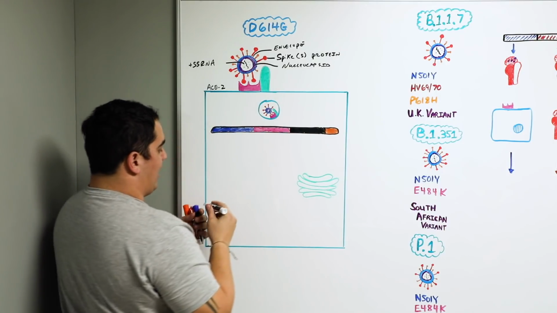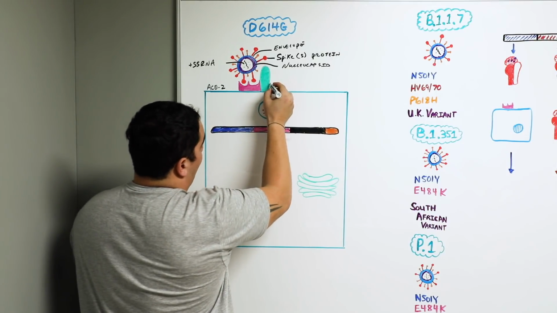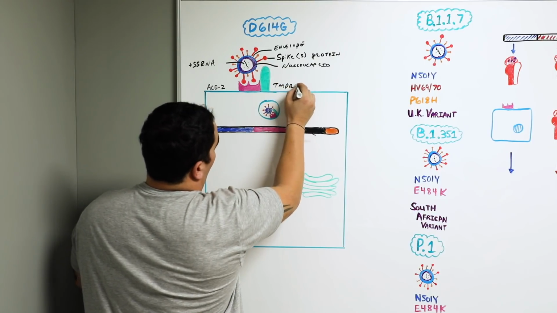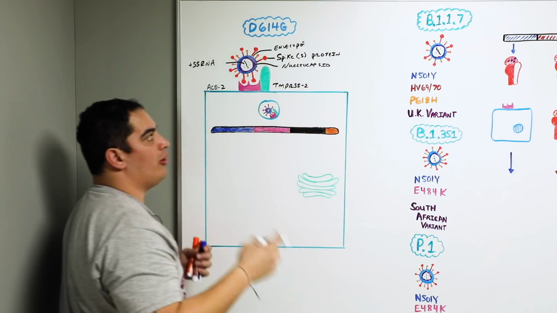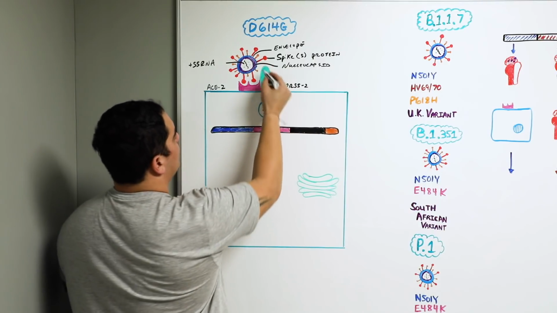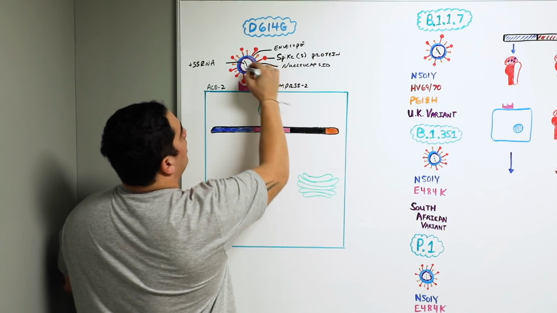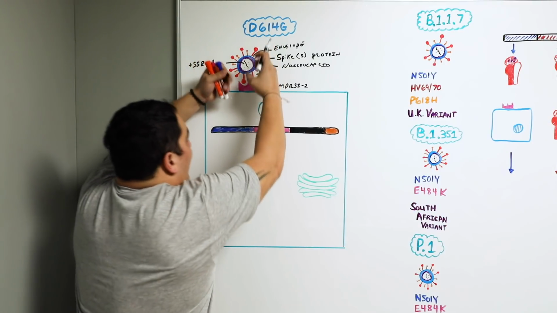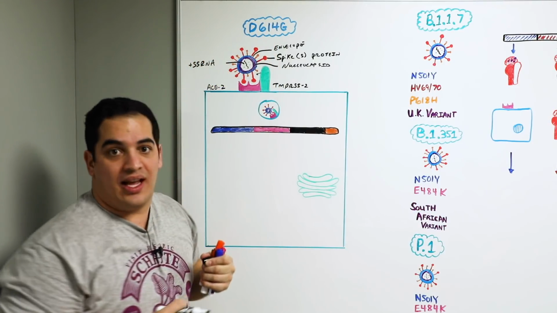But then the next thing had to happen. You have this green protein on the side of the ACE2, and that's called TMPRSS2. It's a transmembrane protease. What this does is it cleaves a particular part of the viral proteins that helps to engage and bring the virus into the cell.